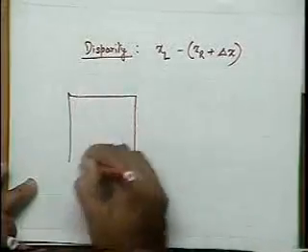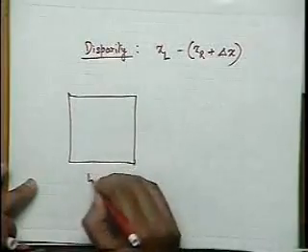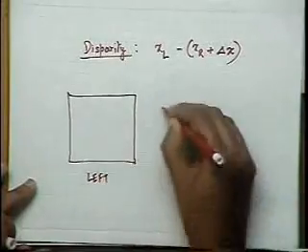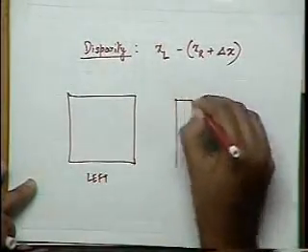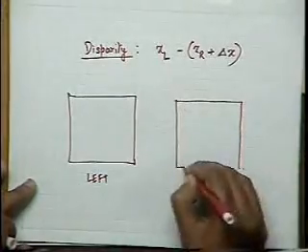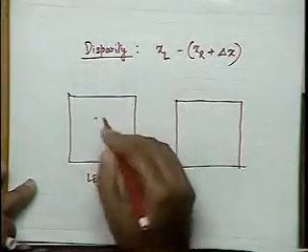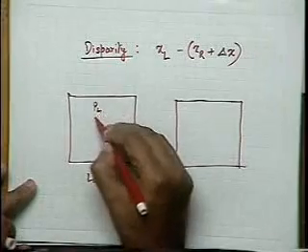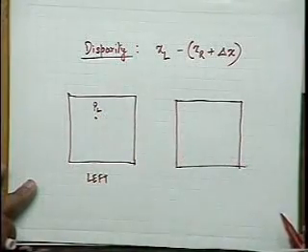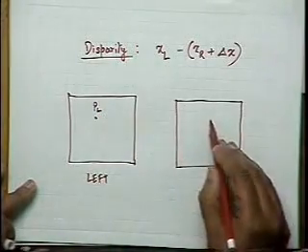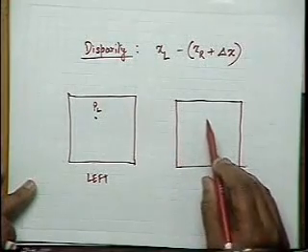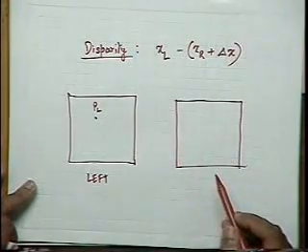The question that we have here is, if we have the left image over here, and the right image over here, and there is a point PL in the left image, then we have to find the corresponding point in the right image.